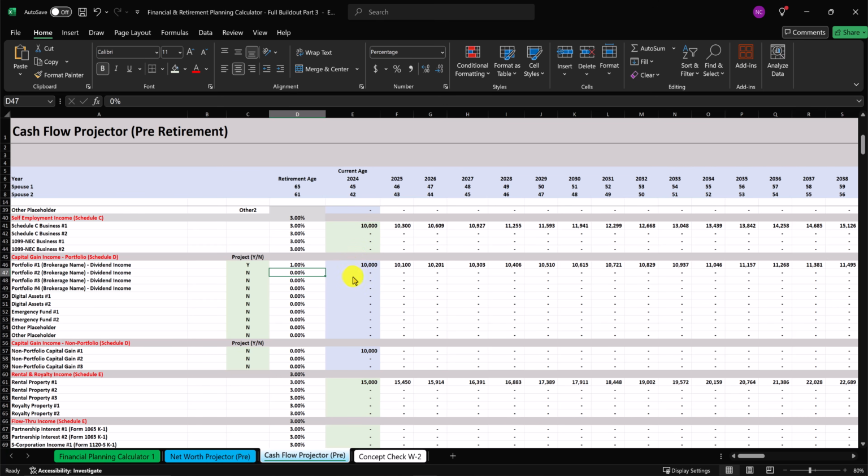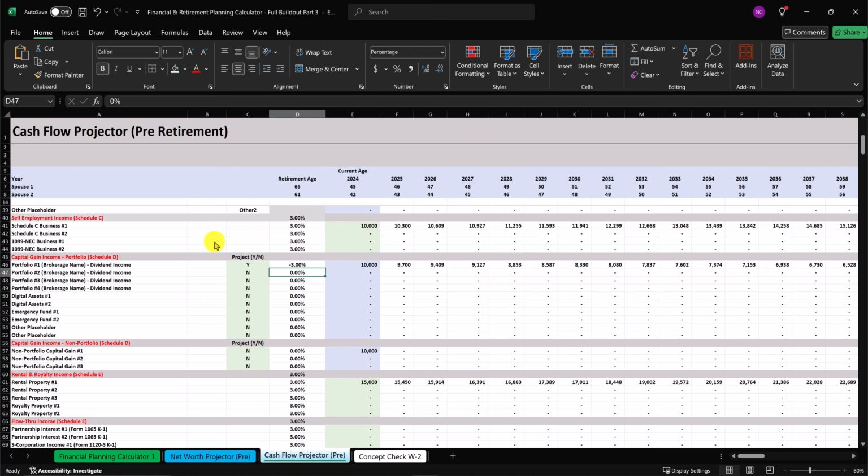I do think it will be something going forward, but based on my portfolio and my age and my investment strategy, I have a feeling that it's going to decrease over the years between this age and retirement. In that case, we could put in some negative rate like that. And in that case, we would at least have some capital gain recognition in our projections, but it could also reflect the fact that we think it's going to be a decreasing amount over time.